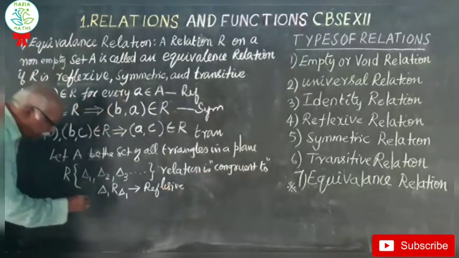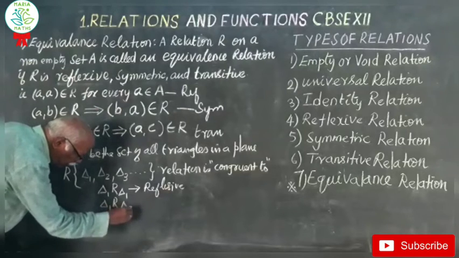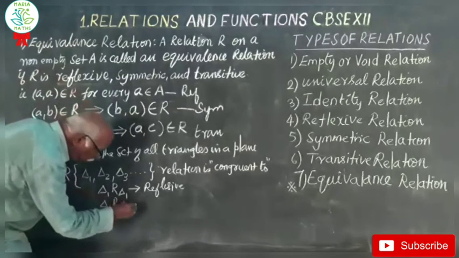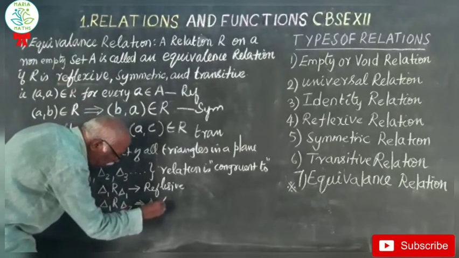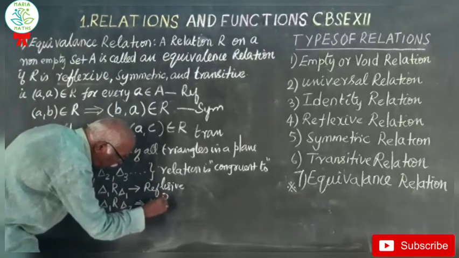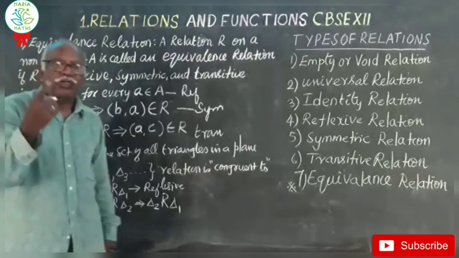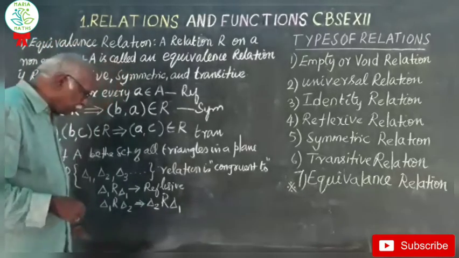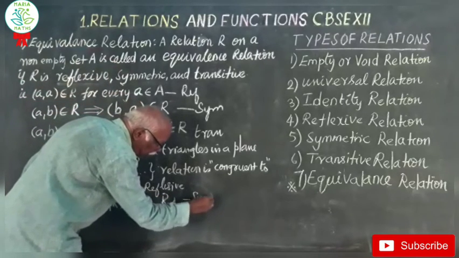For symmetric, triangle 1 is related to triangle 2. Triangle 1 is congruent to triangle 2, implies triangle 2 is related to triangle 1. If triangle 1 is congruent to triangle 2, then triangle 2 is also congruent to triangle 1. Therefore, R is symmetric.